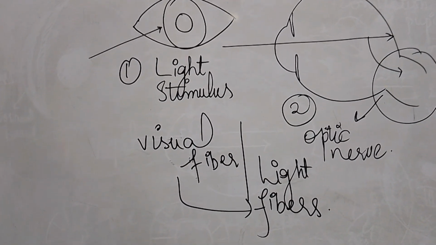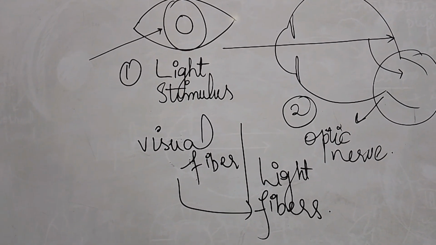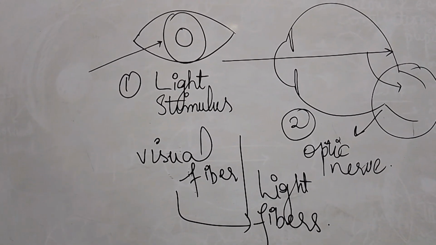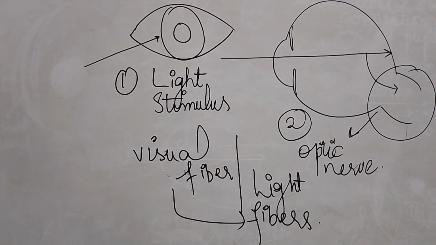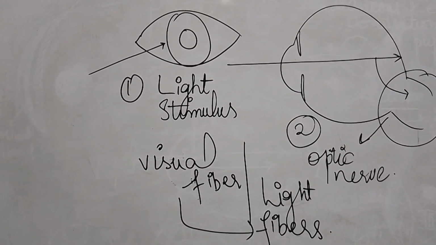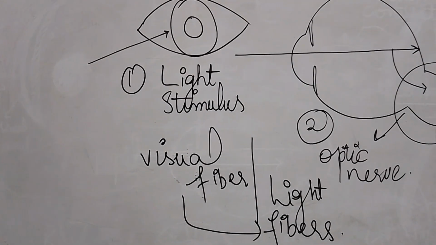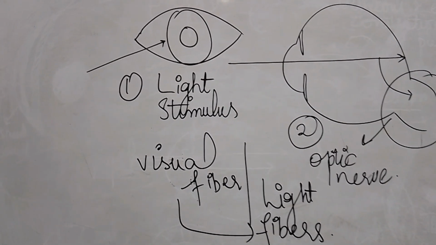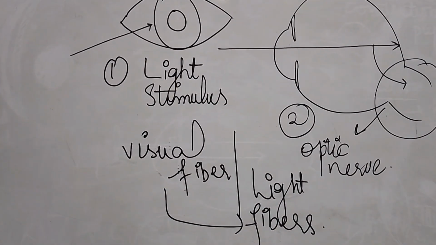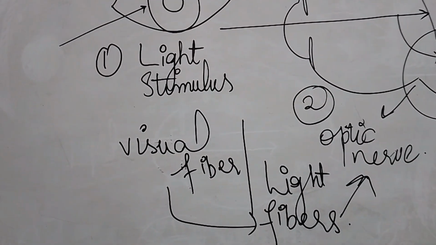The light fibers will tell you that light is entering the eye, and that should be regulated. The pupil has to regulate how much light should enter the eye. So when you get a light stimulus, the optic nerve gets innervated, and both visual fibers and light fibers are traveling in the optic nerve.